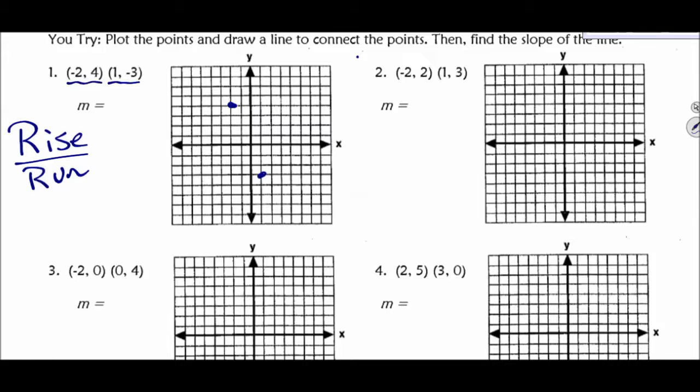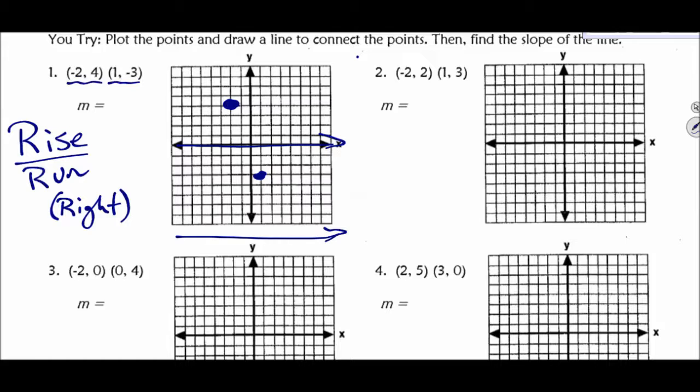Rise is talking about how much it's going up or down, and then the run is talking about how much it's going always to the right. I'm always reading a graph going that way as my x values increase. So I want to count how many spaces is that going down. I'm seeing that it's going from this point to that point. That's going downhill.